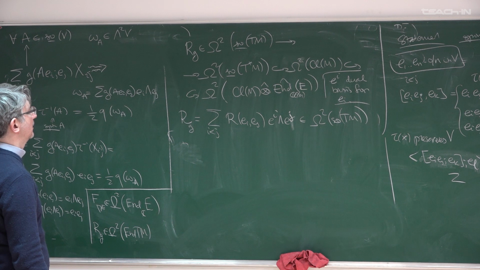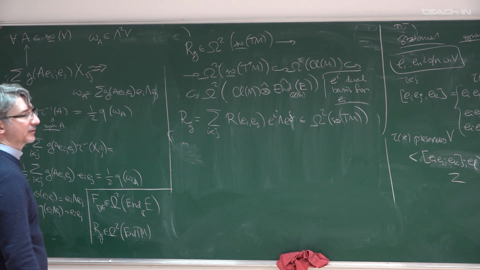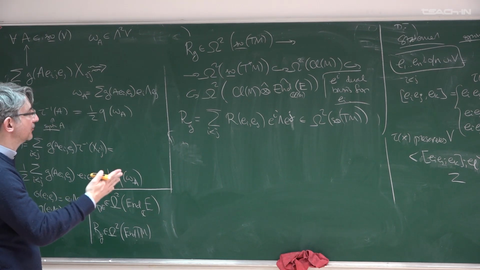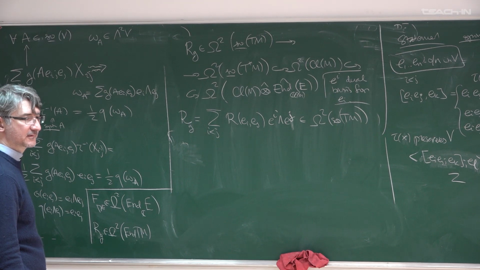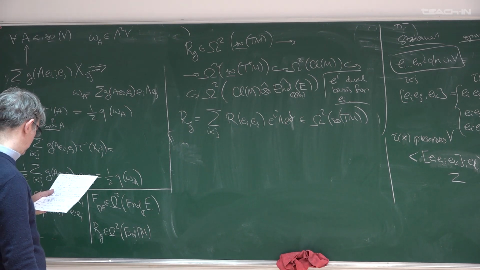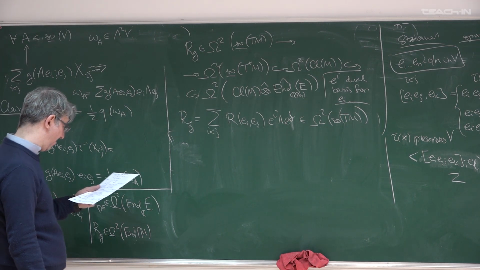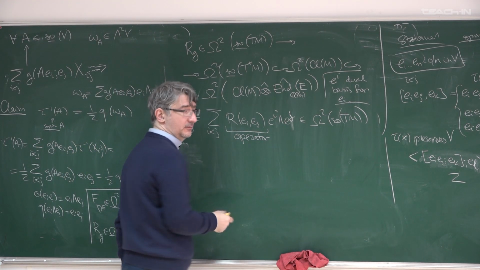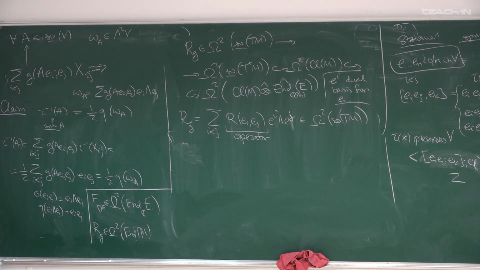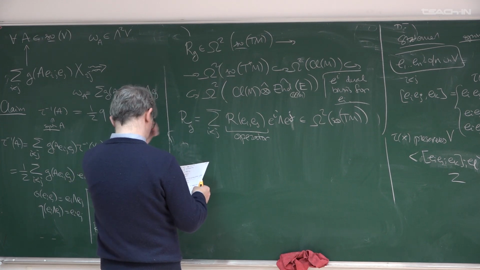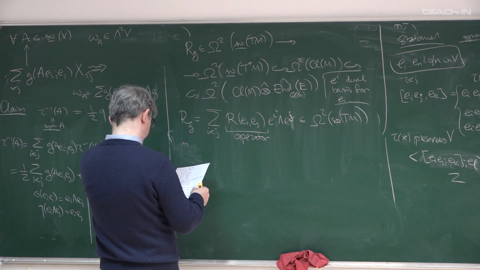Okay. This is an expression which consists of several parts. Where is an operator? An operator from SO? Yes, R_{e,e}. This is an operator. So from SO we pass to, well, how to denote it for simplicity?